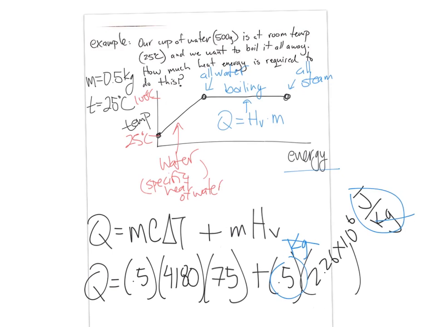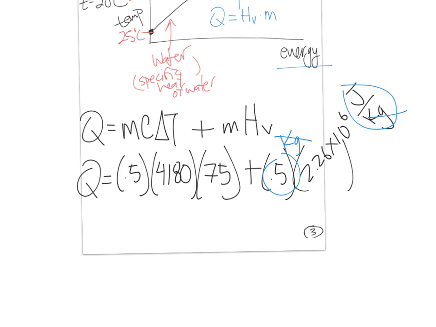So let's plug this all in to our trusty calculator. We have 0.5 times 4180 times 75 plus 0.5 times 2.26 times 10 to the 6.